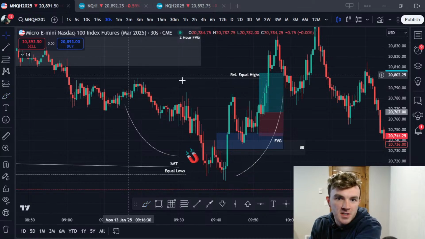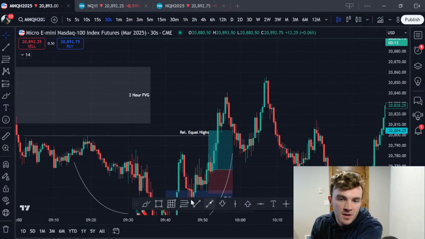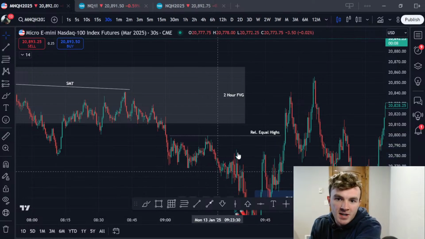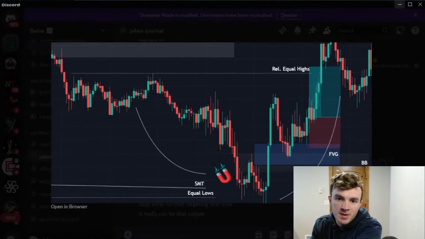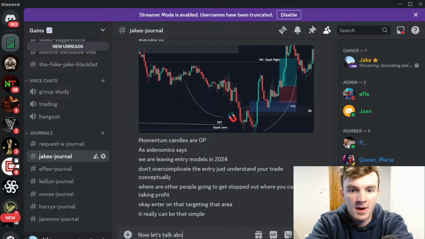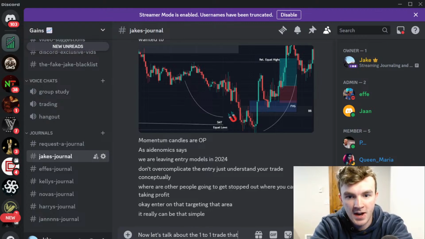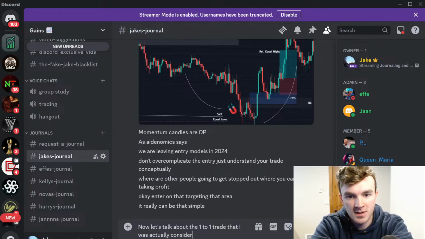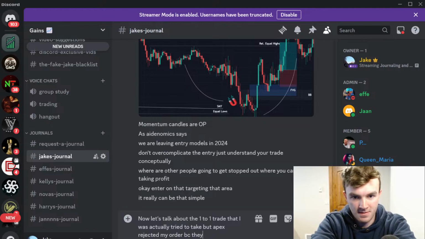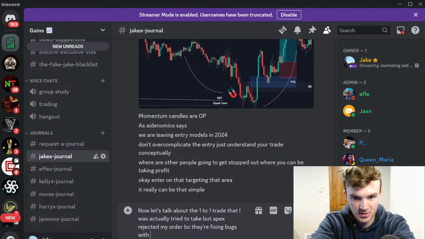So, I know Dodgy said that he took this inversion. It's decent. Let's talk about the trade that I actually was going to take. Now let's talk about the 1-to-1 trade that I was actually considering, that I actually tried to take, but Apex rejected my order because they're fixing bugs with Trade-Away, apparently.